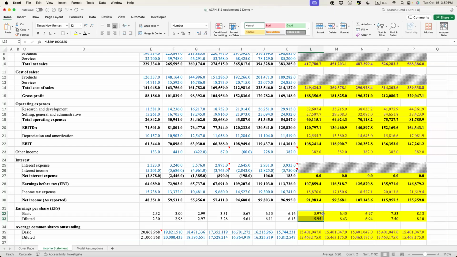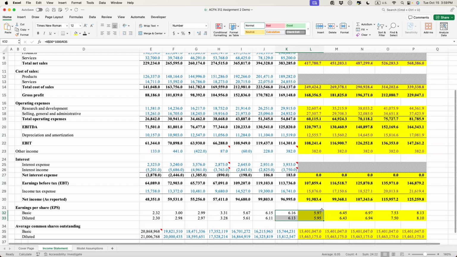Otherwise, you need to go back and check other financial analysts' projections. Apparently, ours is decreasing from the previous year, which probably doesn't make much sense. But again, it really depends on your own research.